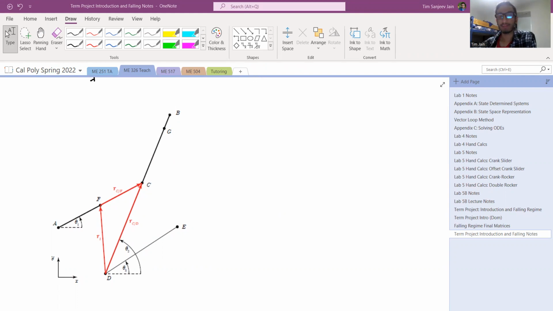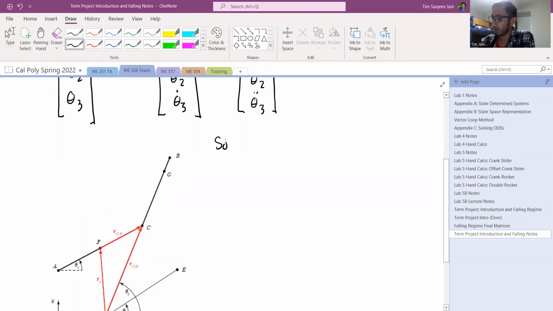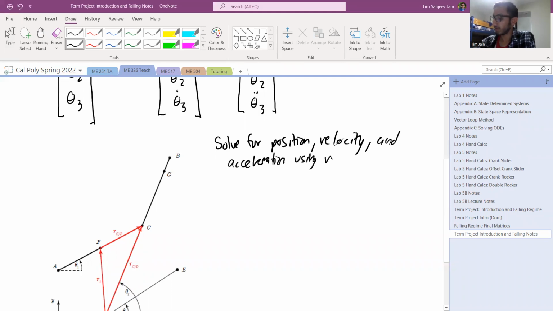So basically, you're going to solve for position, velocity, and acceleration using the vector loop method you learned in lab 5.